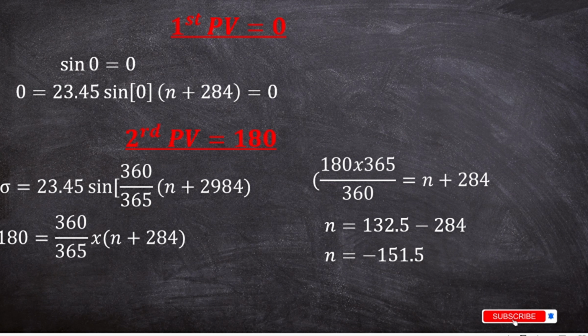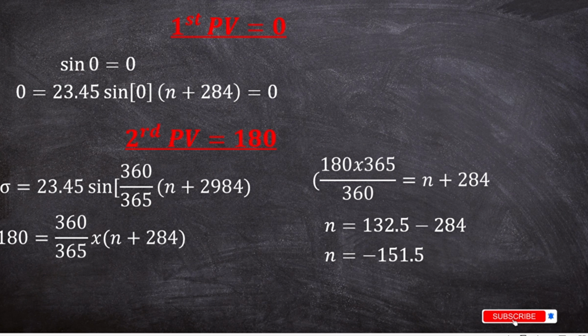Now we have to realize that there is no such date with a negative. The date starts from 1. Dates are not less than 1, so they are greater than or equal to 1. It can be 1 January, 2 January, and so on.